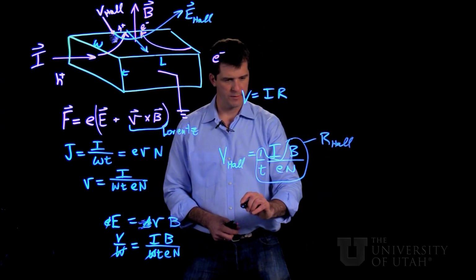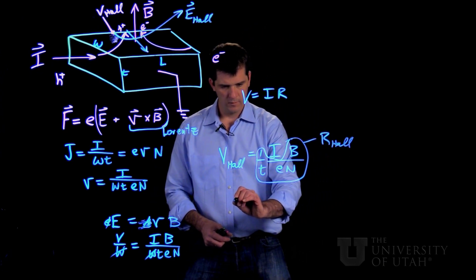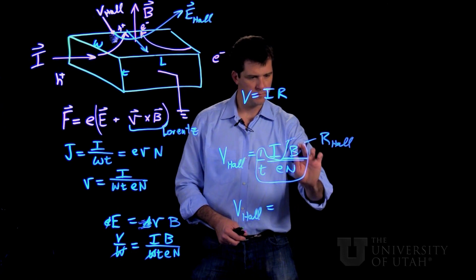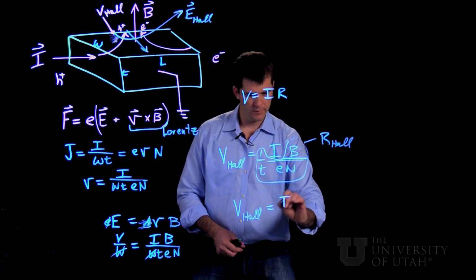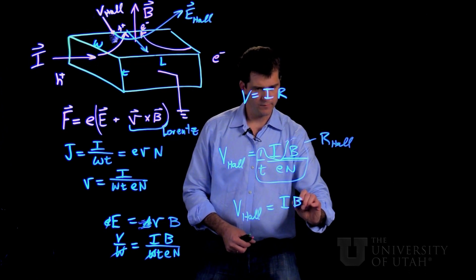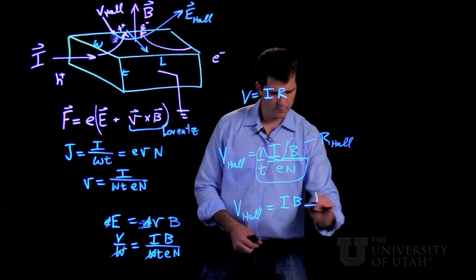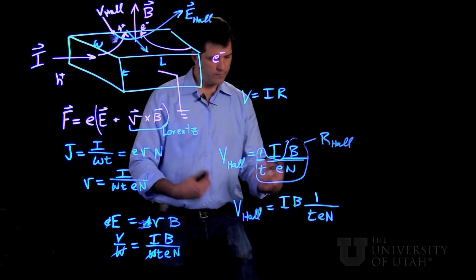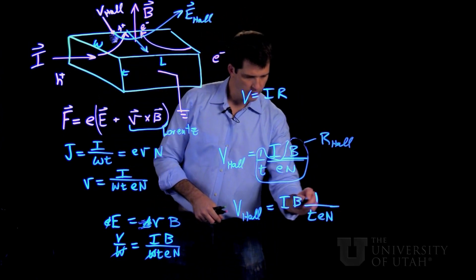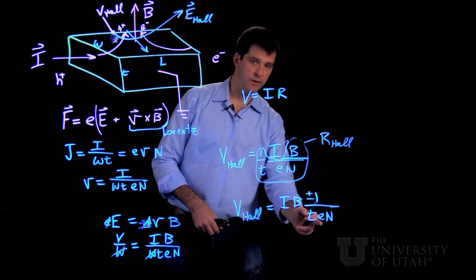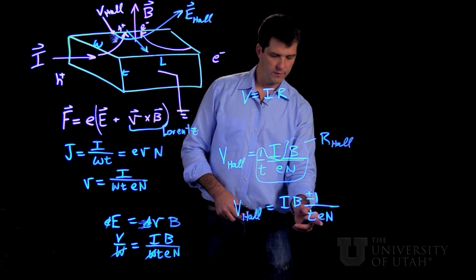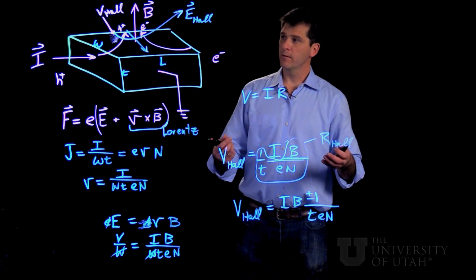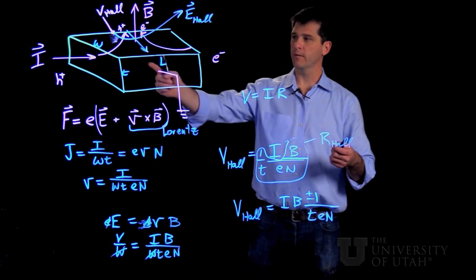So we write an analogous equation to Ohm's law, which says that V Hall equals, oh, excuse me, I included the magnetic field when I shouldn't have, is going to be your current times your magnetic field times 1 over the thickness, E, times N. And the sign, as we said before, is going to be plus or minus, depending on whether your charge carriers are holes or electrons.